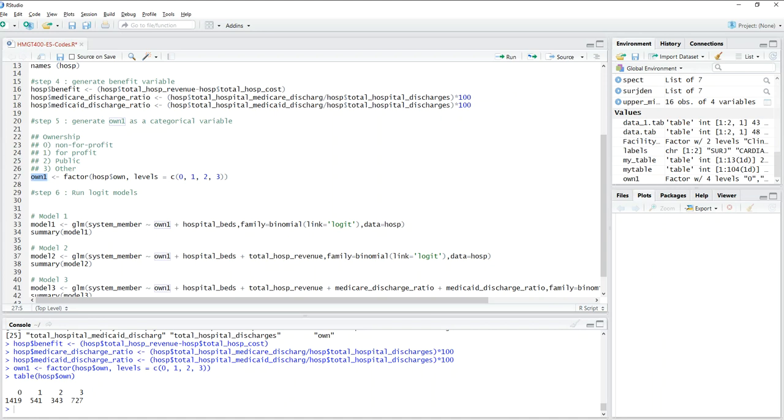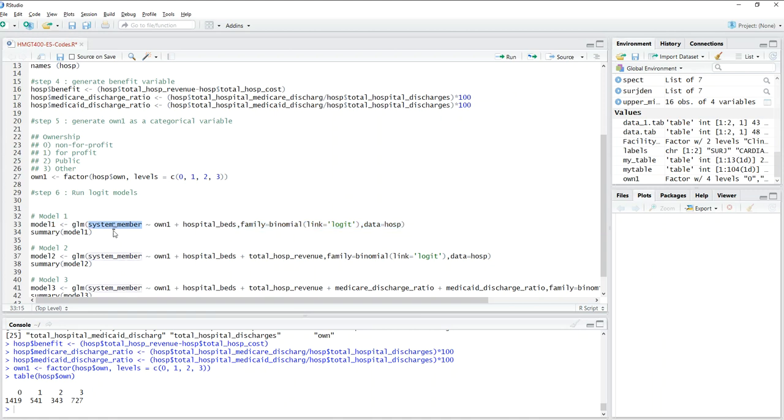For the first model, the command for the Logit regression model in RStudio is Logit. We can use the GLM, general linear model, with a link of Logit, so we can get the Logit model. You need to run this. This is the system member.